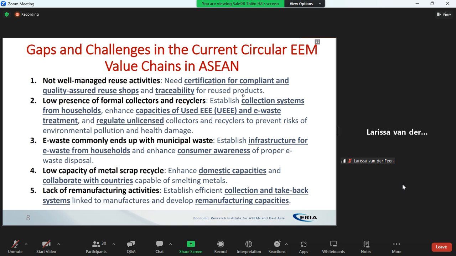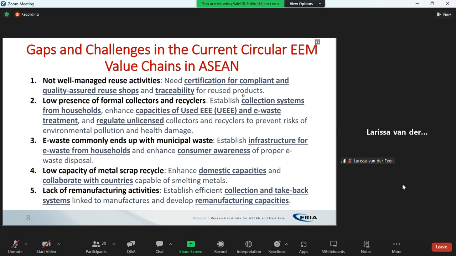We need to establish a collection system from households, enhance the capacity for used electronic and electrical equipment and e-waste treatment, and regulate unlicensed collectors and recyclers to prevent environmental pollution and health damage.